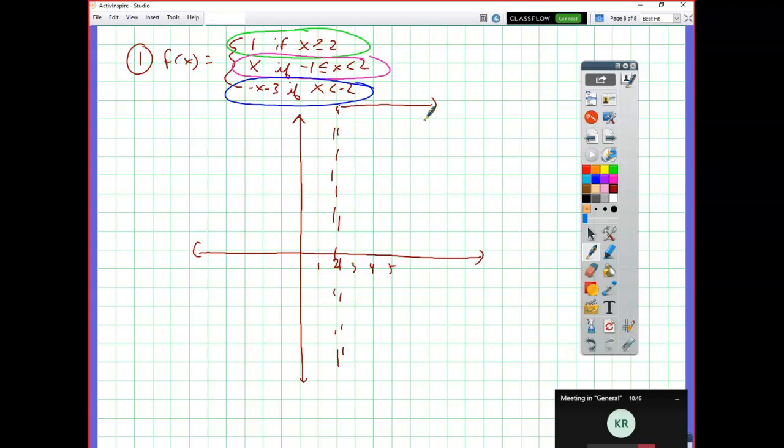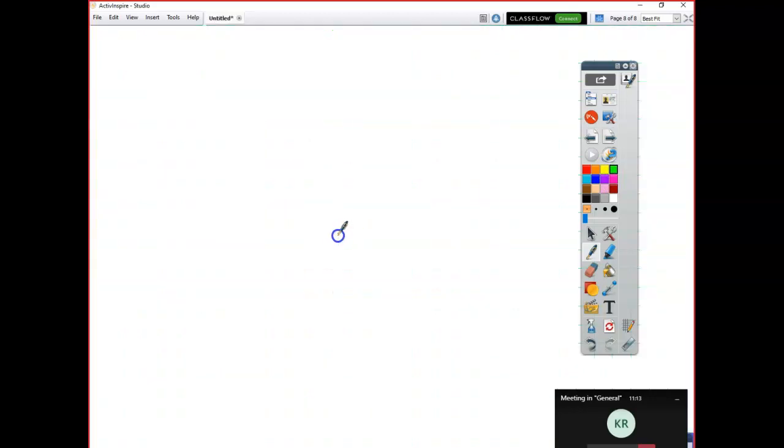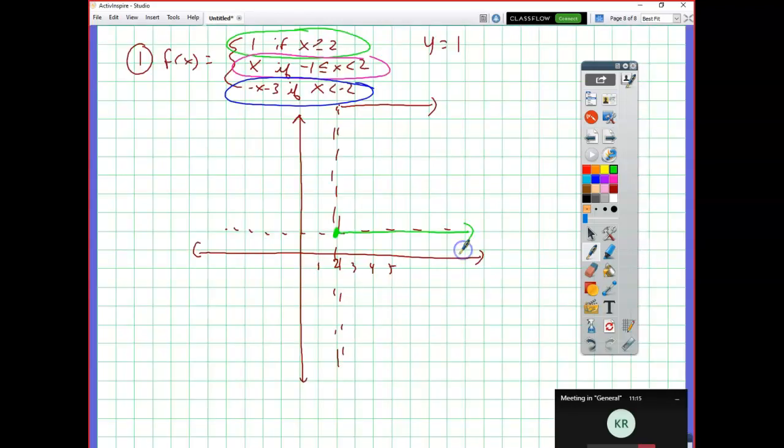Okay? And as such, now all I have to do is graph this function, which is y equals 1. How do I graph y equals 1? On the 1? Okay. So you're going to start here. So you would normally graph like this, but I'm only going to graph the part that is where x is greater than 2, right? So I start here. It says equal to, so I'm going to fill in my dot. I'm going to draw an arrow that way.